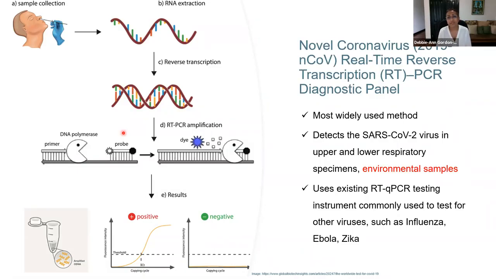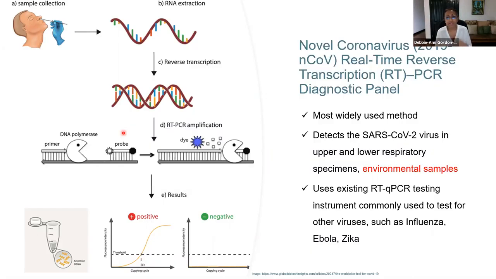This is done because only DNA can be copied or amplified in a process called PCR, or polymerase chain reaction. So analysts then amplify a specific part of this transcribed viral DNA hundreds of thousands of times. What that does is, even if you have a small amount of virus in the sample, it can be accurately detected because of this amplification.